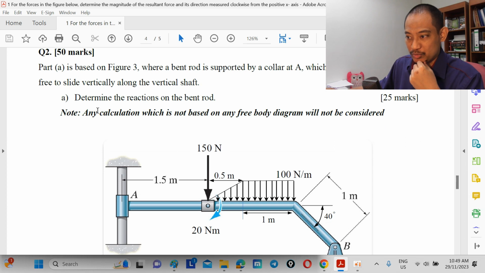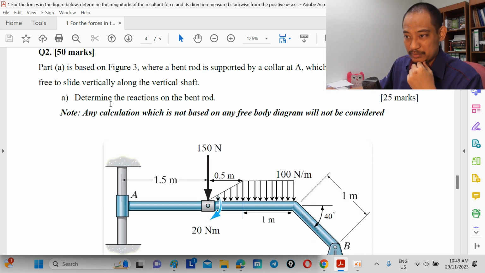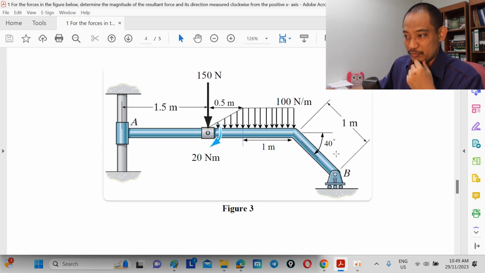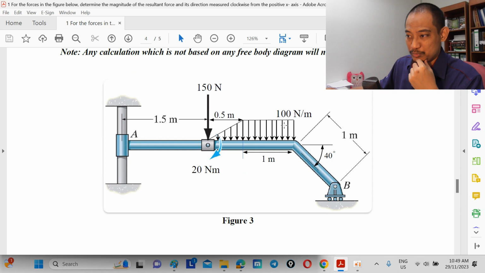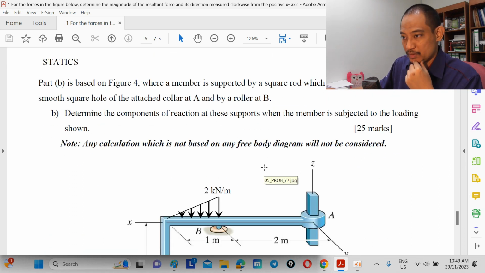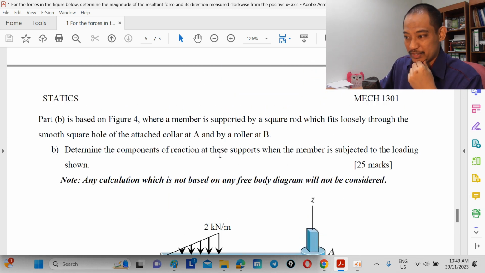Here is an equilibrium problem. We have to identify the support direction, determine the direction on the bent rod, find the support reaction values, and embedded here is distributed loading. And then question 2B, we have 3D, and we determine the components of reaction.